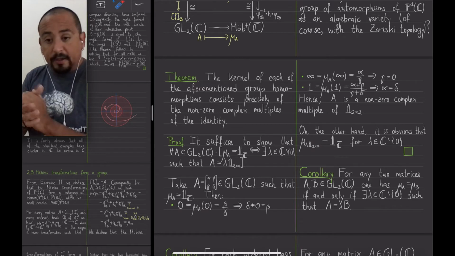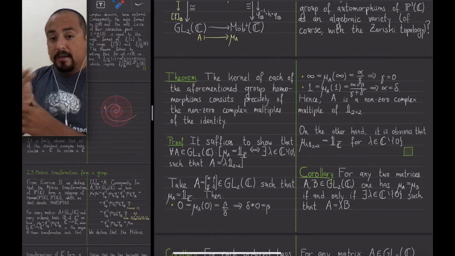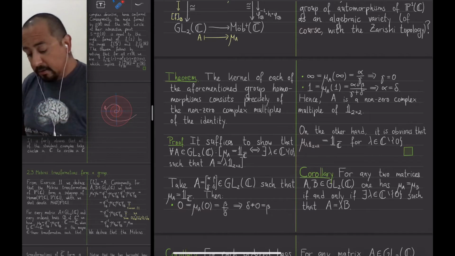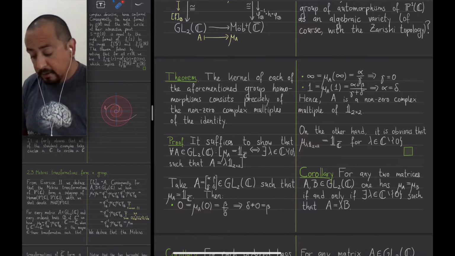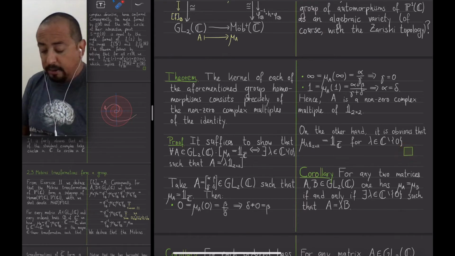So we are actually proving that if a Möbius transformation fixes 0, fixes infinity, and fixes 1, then it is the identity Möbius transformation. Okay, so this is a parenthesis of something that will be useful later on, but in the meantime, we have finished the proof of our theorem.